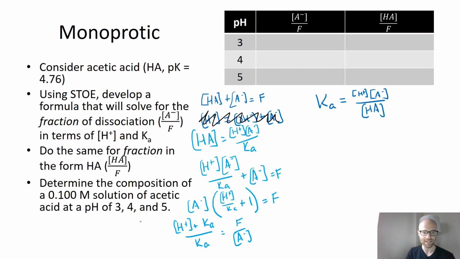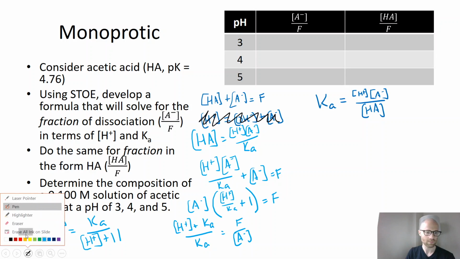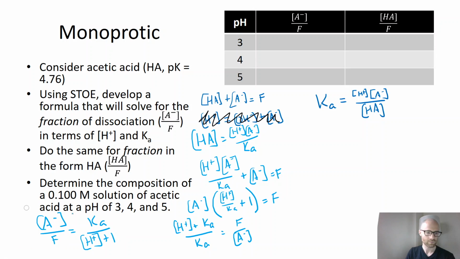And as you can see, that's actually just the reciprocal of what we want. So if we flip everything, we end up with A minus over F equals Ka over H plus Ka, which is nice.